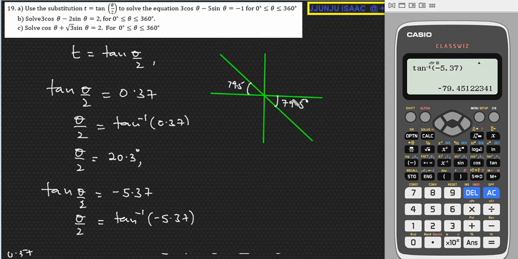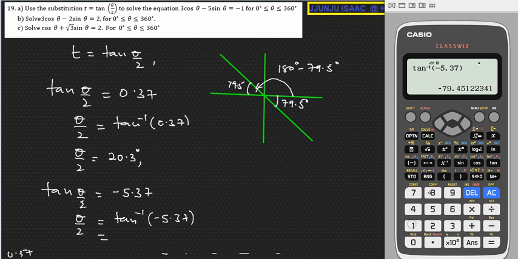We don't need to move in the clockwise direction. So we need to get this angle also. Any other angle will be outside the range because we shall be multiplying it with the 2. So this angle here is 180 minus 79.5 degrees.